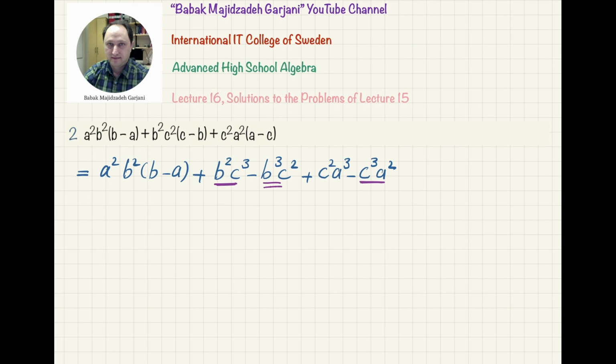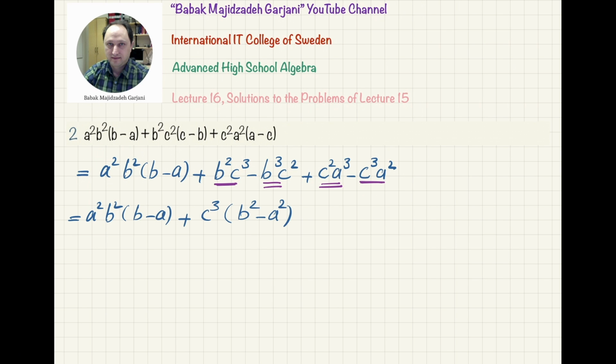And then it's inevitable. If this is going to work, this should be the grouping. So let us continue now. So then it becomes a squared, b minus a. Between those two in this group, here and here, I can factor c cubed out. The first one is left b squared minus a squared.